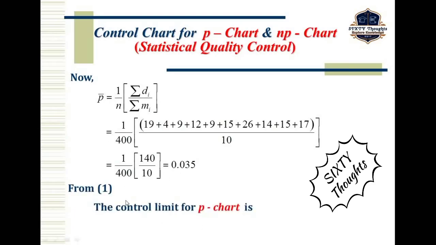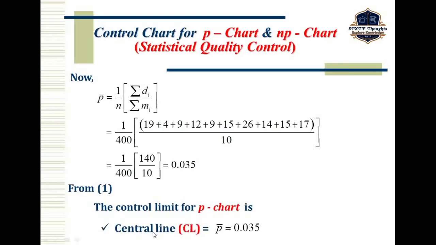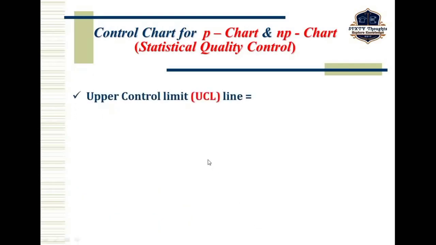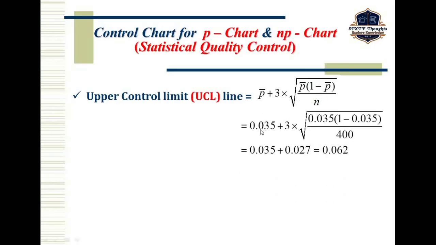The central line equals P bar, which is 0.035. Next, the upper control limit line is P bar plus 3 into square root of this term. Substituting P bar as 0.035 and simplifying using a calculator, we get 0.027. Adding these two values we get 0.062.